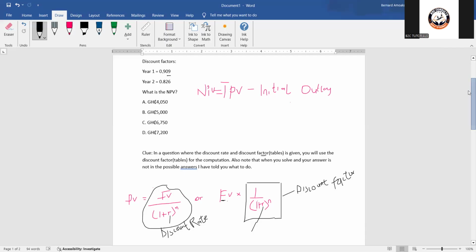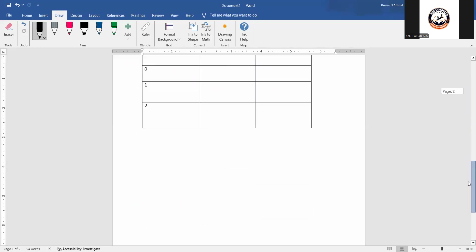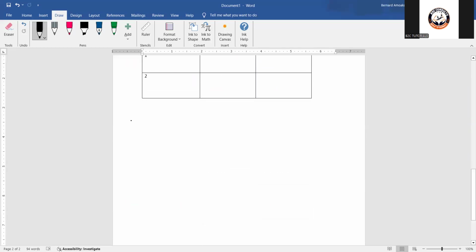So quickly, I'll solve it. For present value for year 1, which is going to be the future value multiplying the discount factor of 1 over 1 plus r raised to the power n.